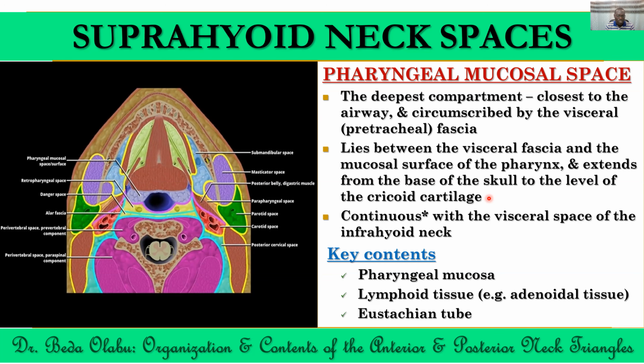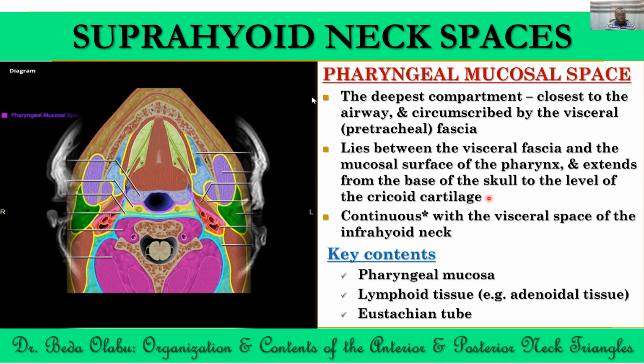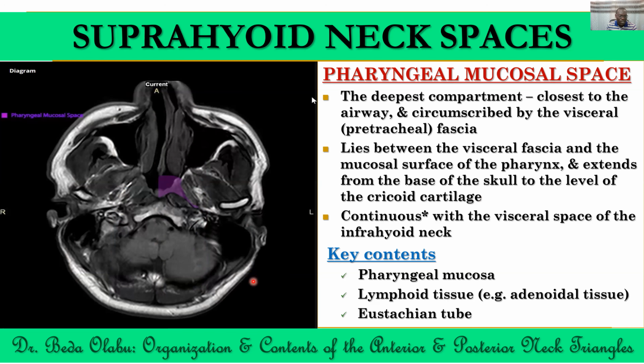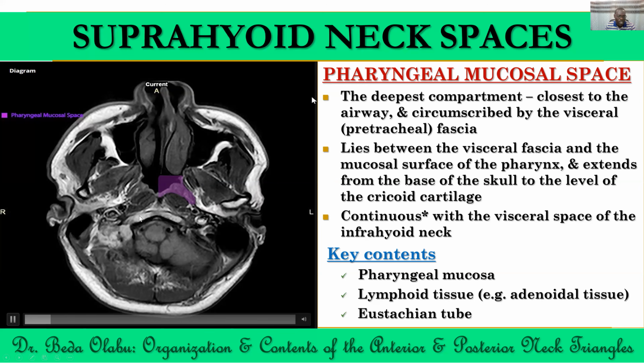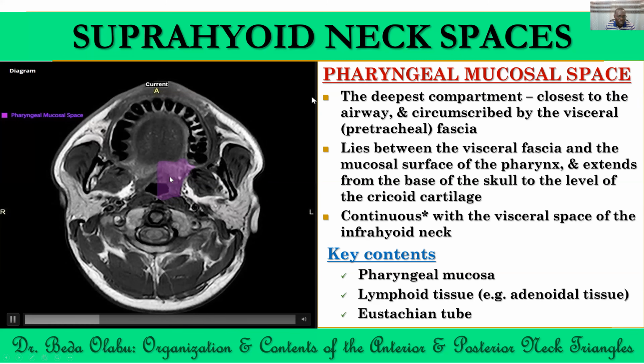The eustachian tube traverses the space, and so it's also a content of the space because it connects the nasopharynx to the middle ear. So this image will show us the pharyngeal mucosal space. As we can see, that is part of the extension to the middle ear. It's now scanning through.